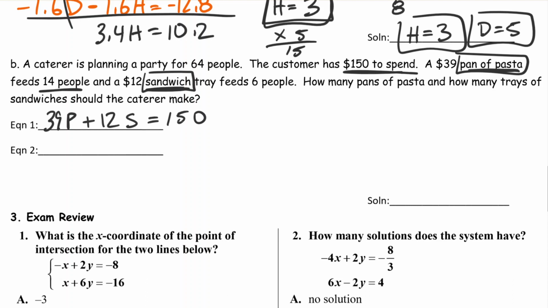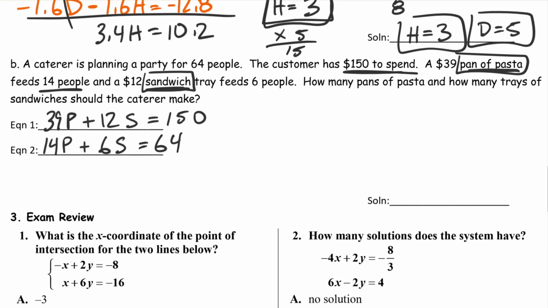And the people equation: a pan of pasta feeds 14 people, so 14P plus 6S, since a sandwich tray feeds 6, equals 64 people to feed.